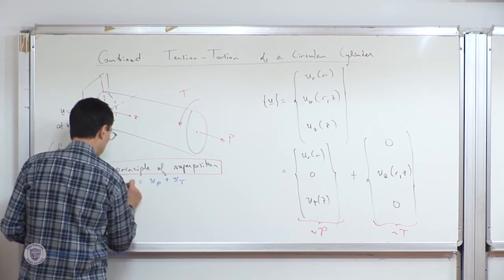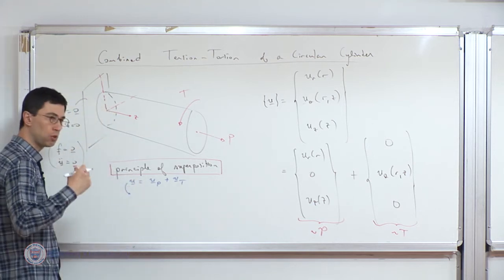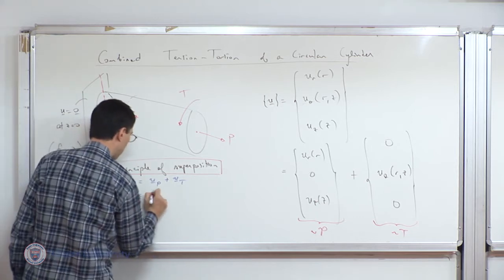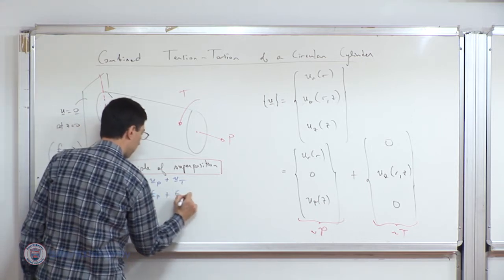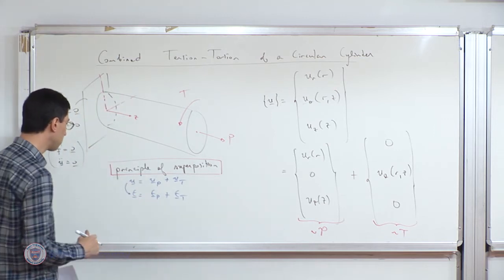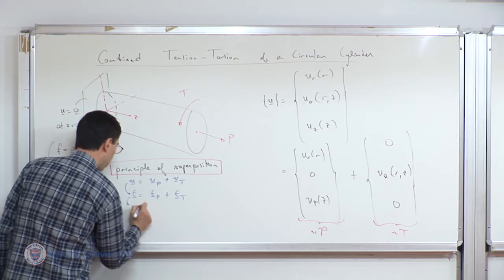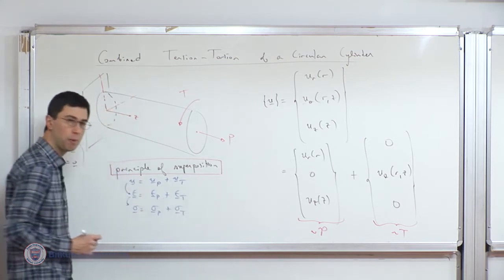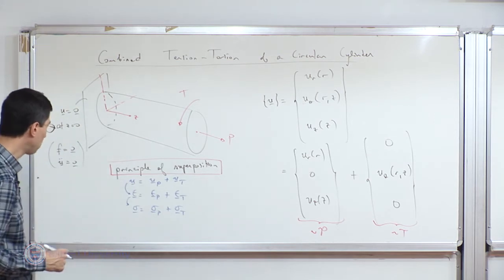And from this, we follow a displacement-based approach. First we propose a form for the displacement. We calculate the strain. The strain is going to be a sum of the strains for the tensile and the torsion problems. And then we move on to the stress. Stress, therefore, is going to be a sum of the tension and the torsion parts.